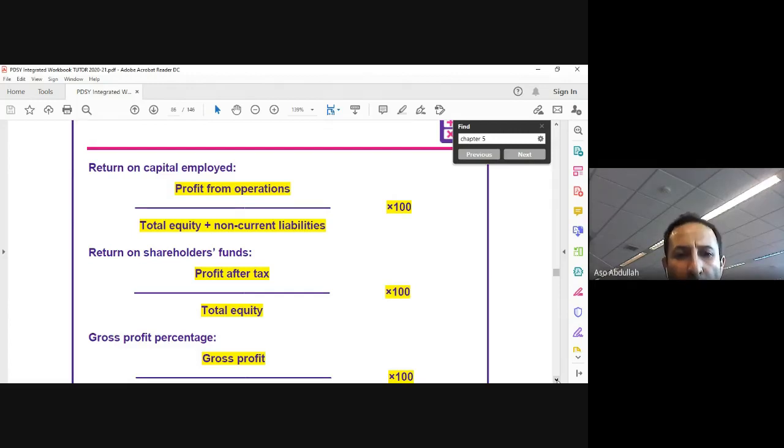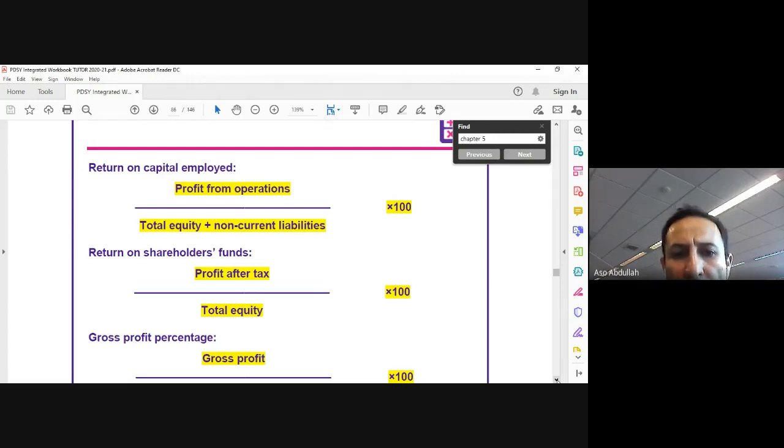So for profit from operations, we can get this figure from the statement of profit and loss. Then we divide it by total equity plus non-current liability.